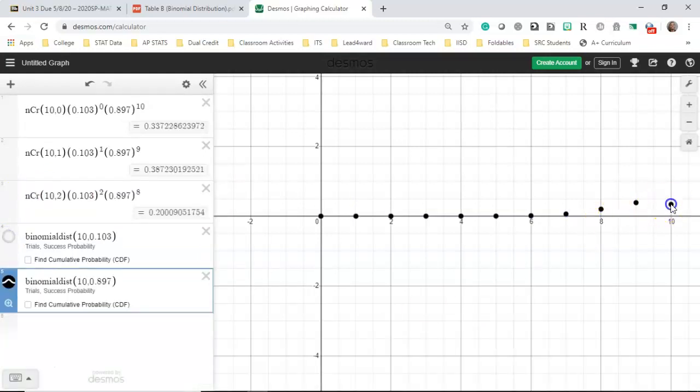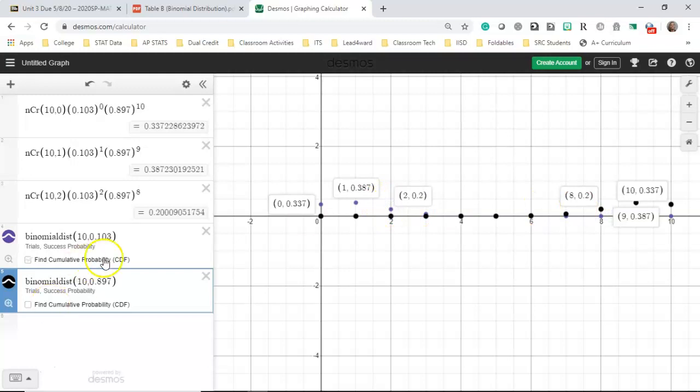So 10, that's the same as 1. So if 10 graduate, I'll bring it back. If 10 graduate, that's the same as no dropout. If 9 graduate, that's the same as 1 drops out. And if 8 graduate, that's the same as 2 drop out.